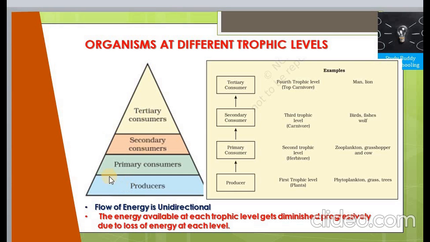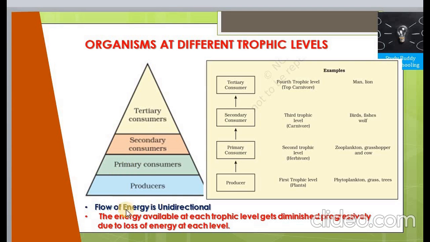As organisms grow from one trophic to another trophic level, energy is given out to the environment, or used for digestion, reproduction or different metabolic activities. But somehow they are all used up, and for the next level very little energy is left out.